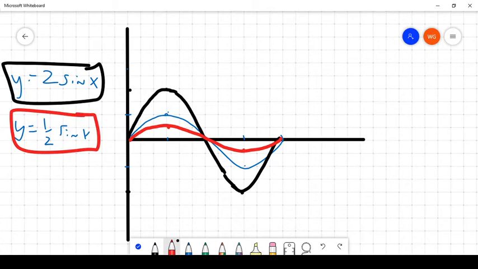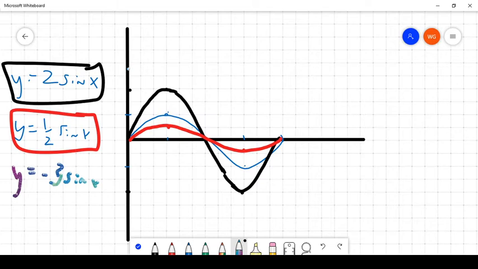Okay. The next graph I'm going to draw is y equals -3 sine x, and I'll draw that in this color here. Y equals -3 sine x. Okay, so here we have a reflection as well as a vertical stretch by a factor of 3.